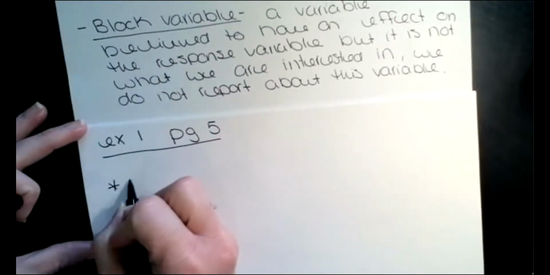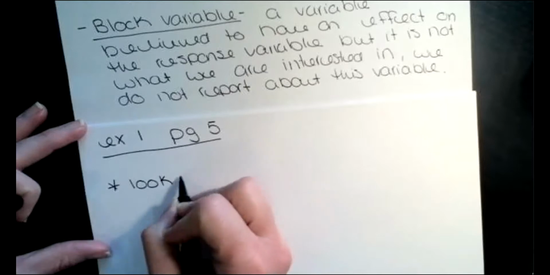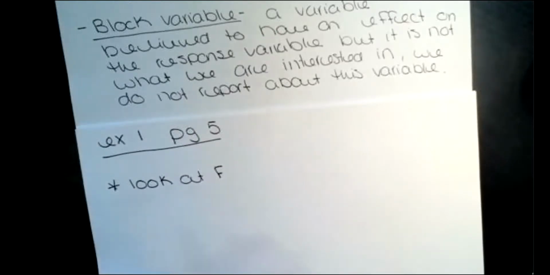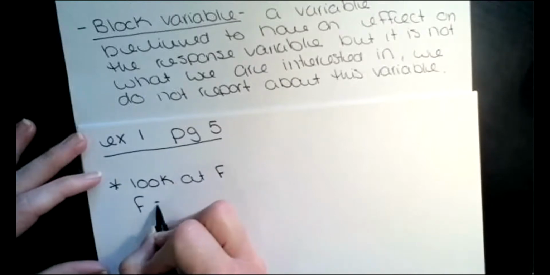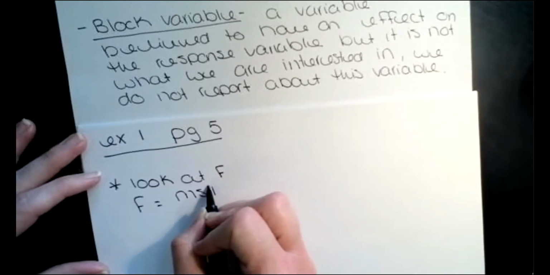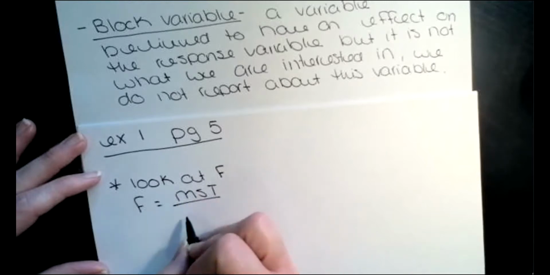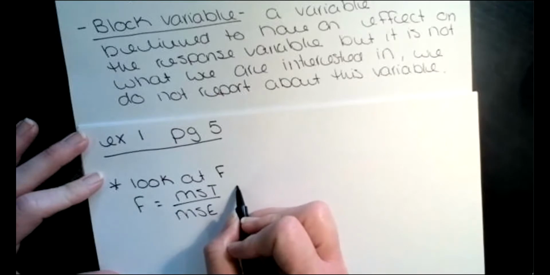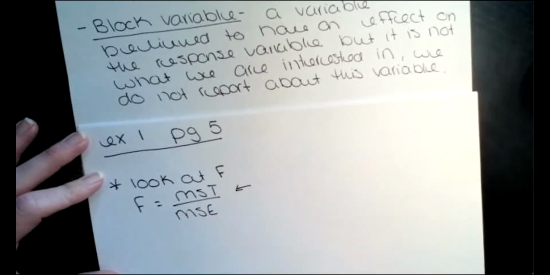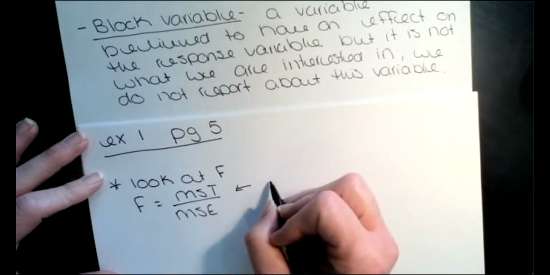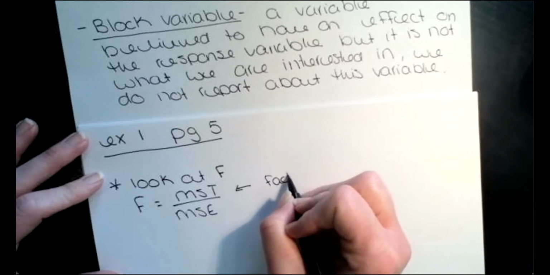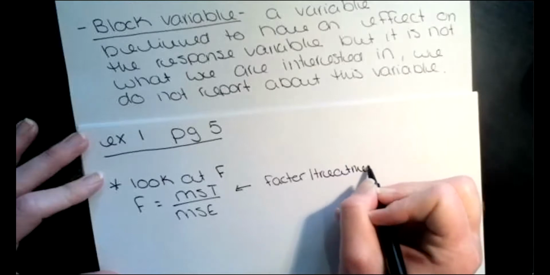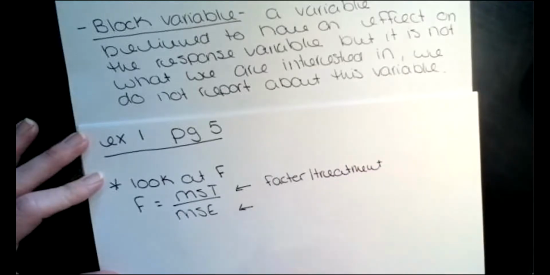So we're going to look at F. I like to write it and not just say it. So if we think about what F is equal to, that's my MST divided by the MSE, right? So this is for my factor or my treatment. And the denominator is for the error.